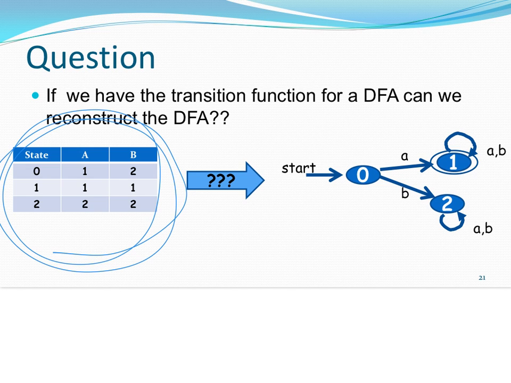So you might not start at state 0 just because state 0 appears first in your transition table. And the other piece of information that we don't have in our transition function is which states are our accept states. So we don't know what our accept states are. So the transition function gives us a lot of information about a DFA, but not quite everything.